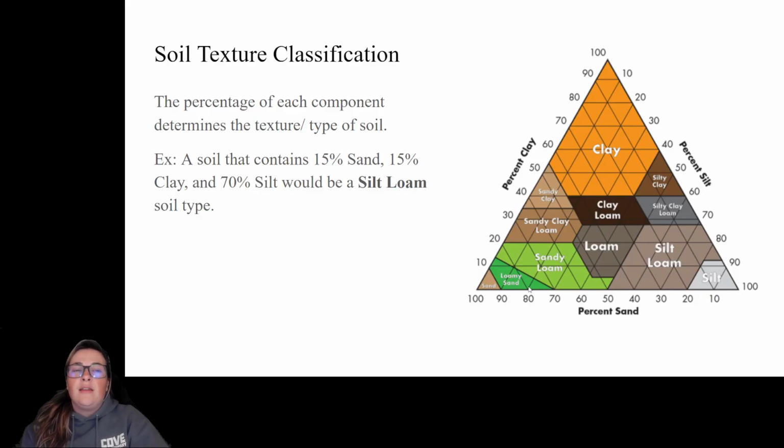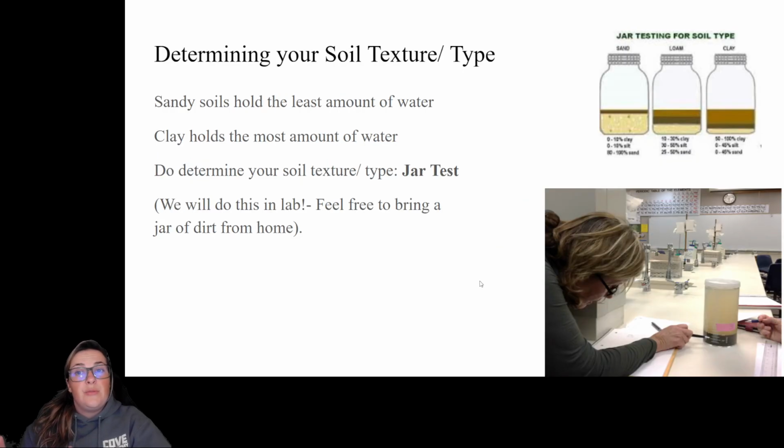Generally speaking, loam is the healthiest type of soil for grapevines, but we have seen grapevines flourish in like sandy loam. Ultimately, we try to avoid soil that has high clay because it just holds too much water and it chokes out the roots, basically. So that's how you would determine that.